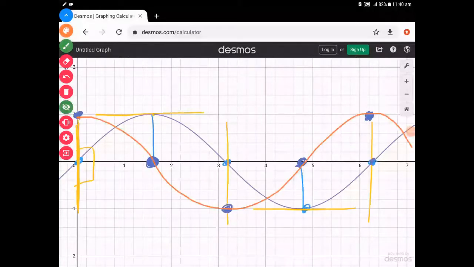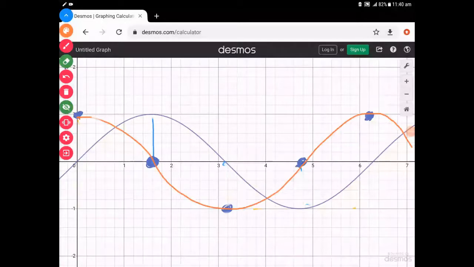Now I will take all this yellow off, because yellow was only for drawing the graph, which we have now drawn. I'm taking these points off, and now you get a clearer view of what we actually did.